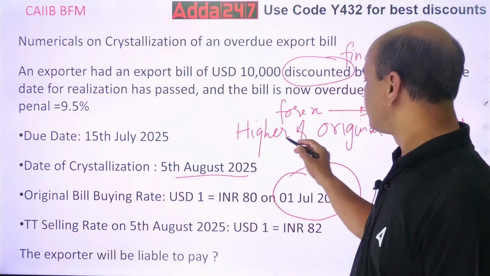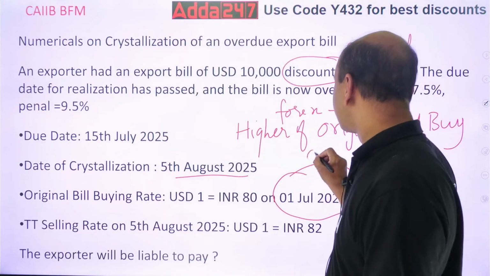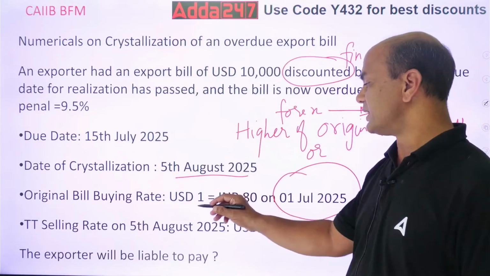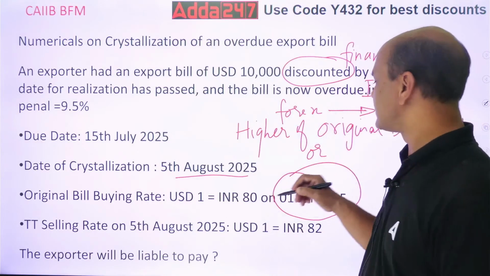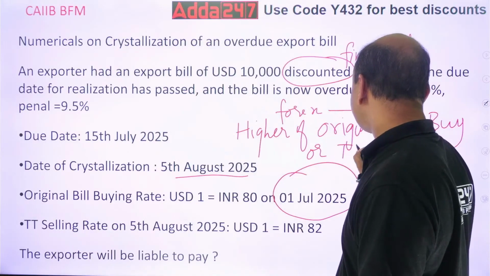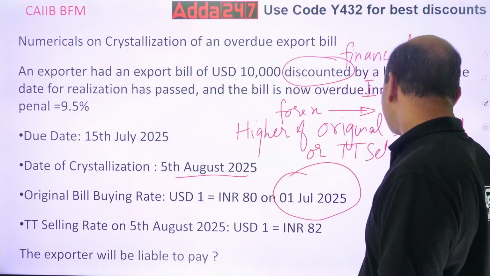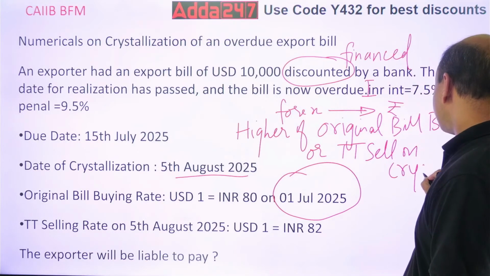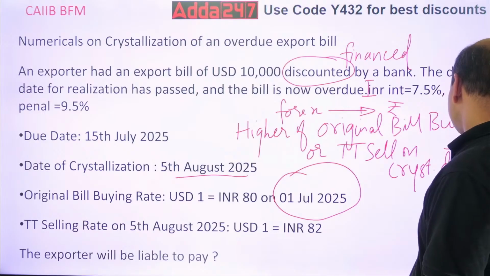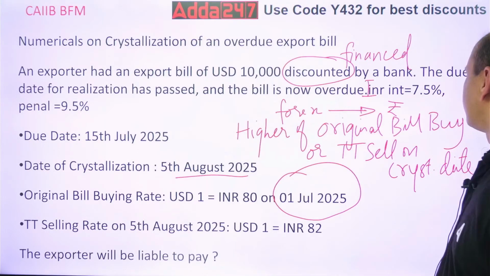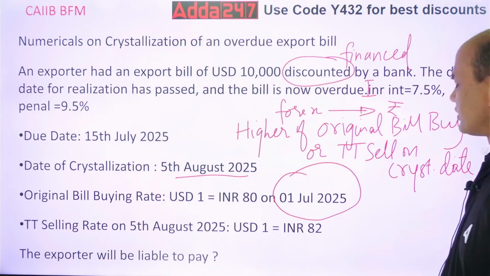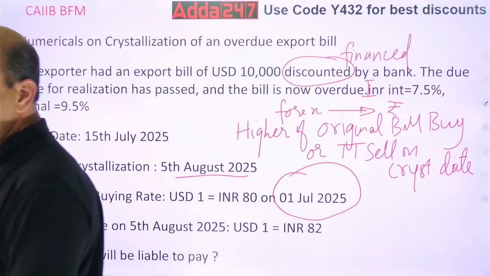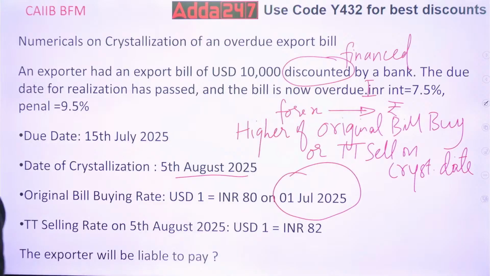Or second, the TT selling rate on the crystallization date. So you have to take the higher of these two. Pay attention, very, very important terms.